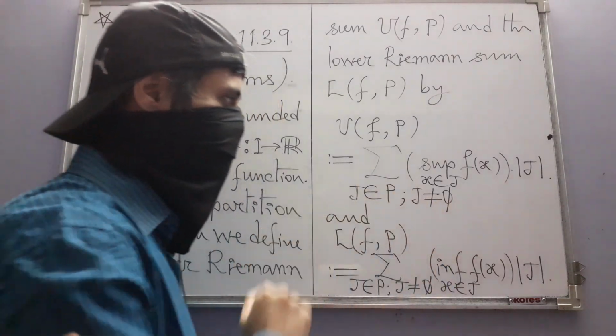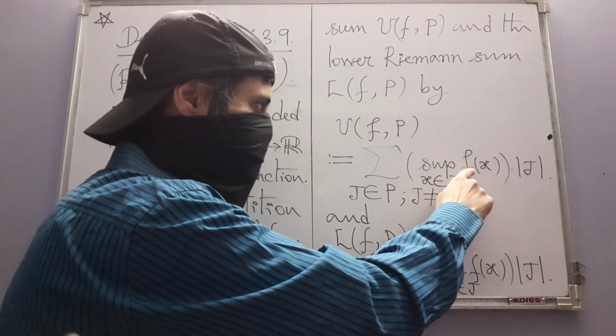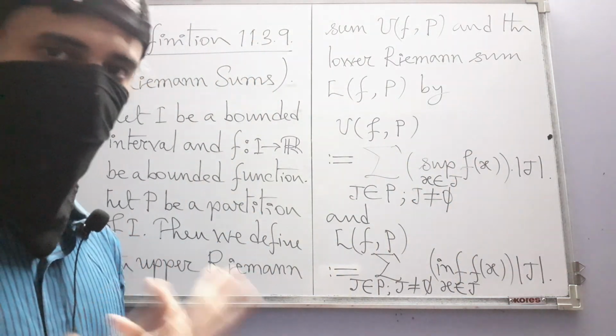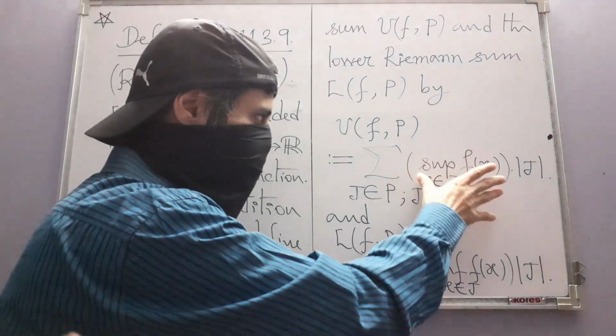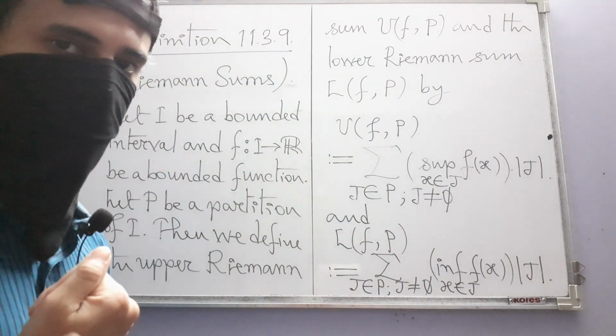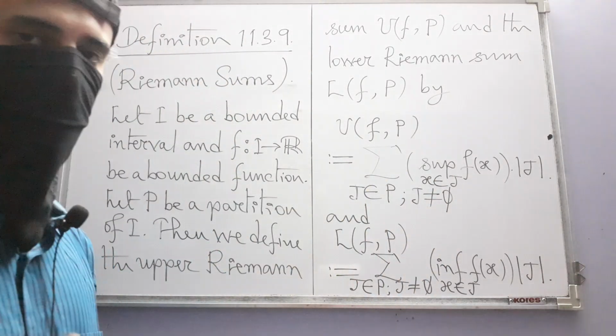J needs to be non-empty, because if j is empty, then the set of function values where x is coming from j will also be empty, and the supremum of the empty set is by definition minus infinity. To prevent that, we take j not equal to empty.